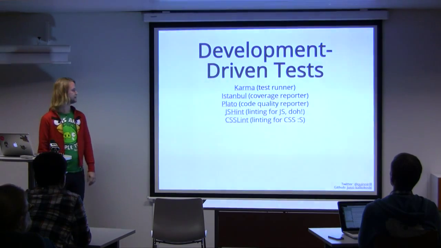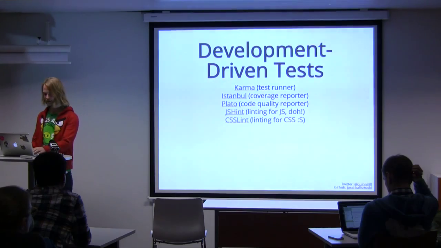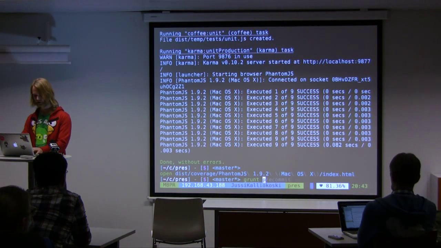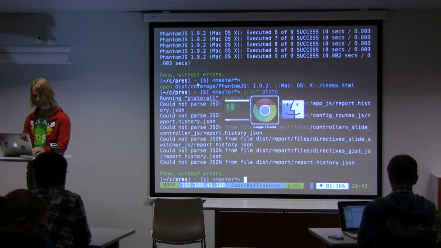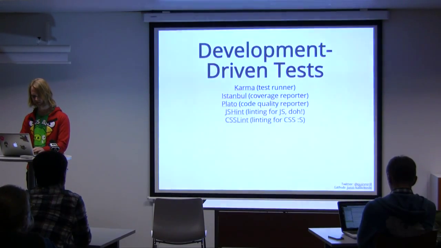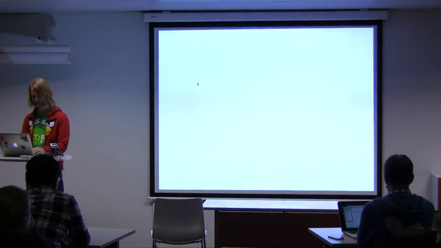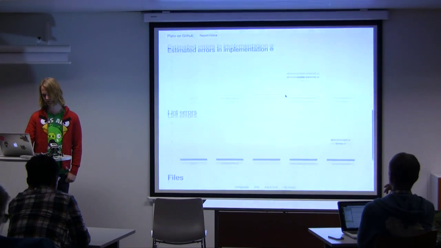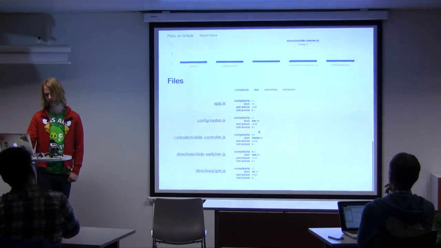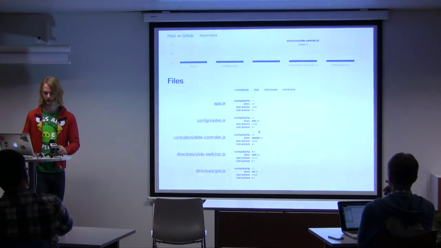Another tool is Plato, which is a code quality reporter. So we can run it, like run Plato. I didn't actually try this, so let's see, this report, index.html. So it kind of shows you where your errors might be and what to refactor and stuff like this.